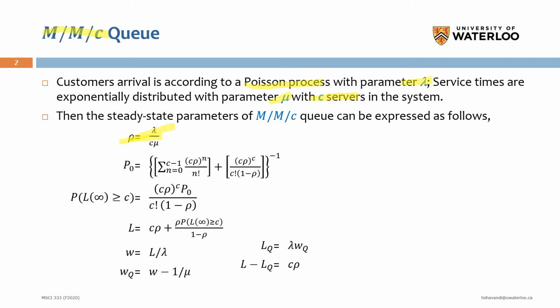So here we have rho, the probability of having 0 customers in the system, the probability of having C or more than C customers in the system in the long term, and L, the average number of customers in the system, W, WQ, LQ, and L minus LQ.